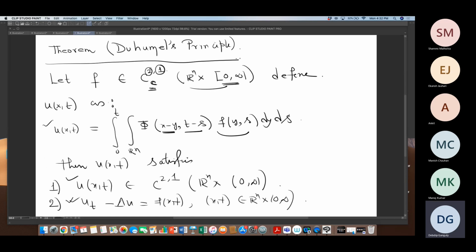Is that okay? What the theorem says, at least the statement of the theorem, is that okay? Just think about it. Yes, sir. Okay.